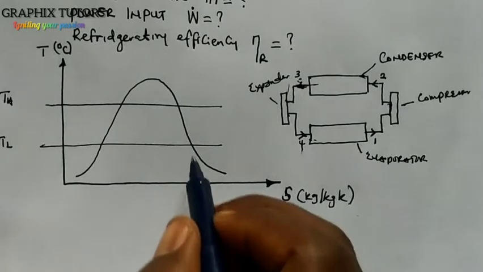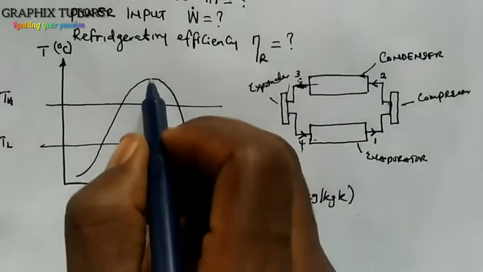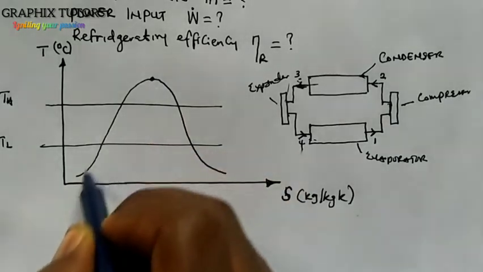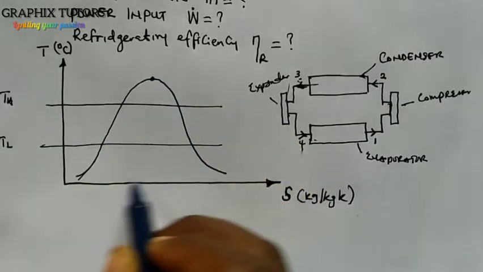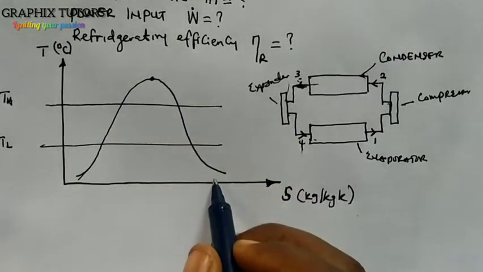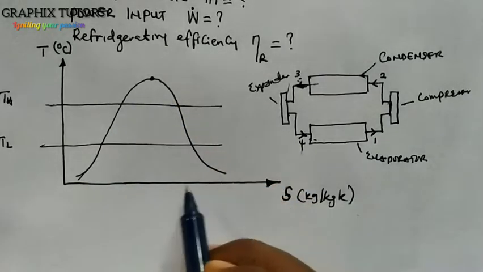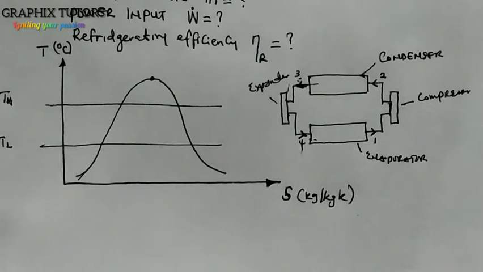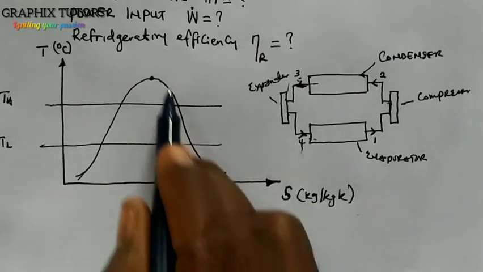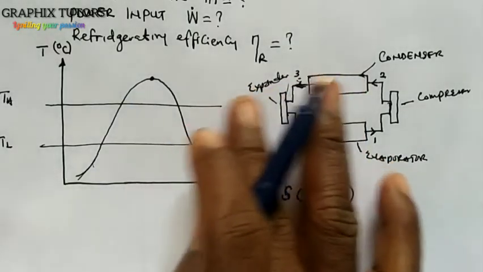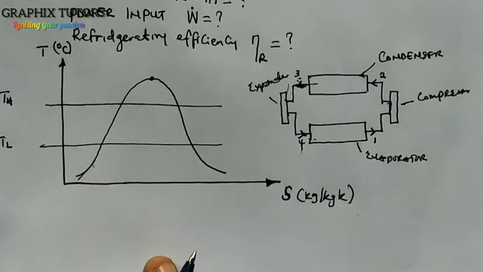Now, at this point here, this line you see, which we call the dome, is called our saturated line. Whatever value falls on this line is seen in the steam table. We say that everything on this line is saturated. Anything outside this line is superheated.